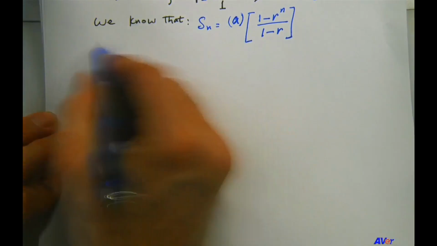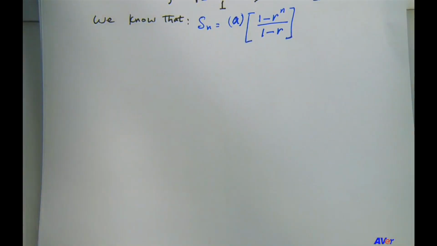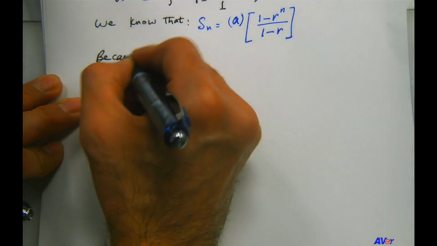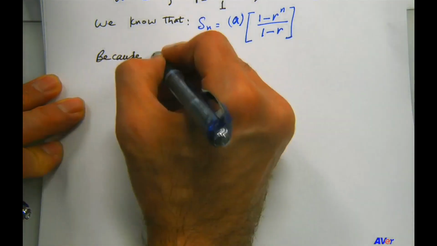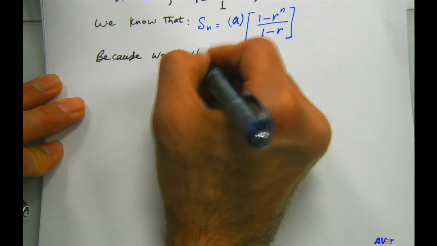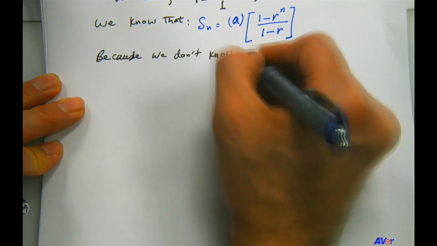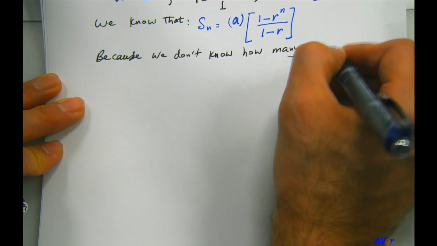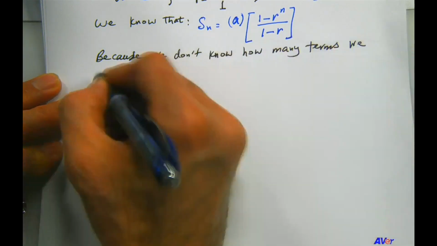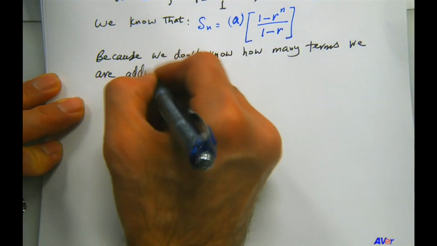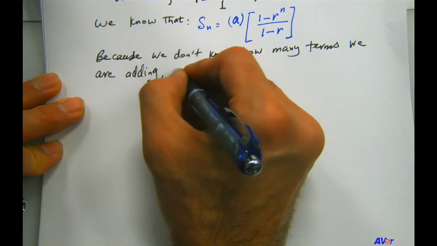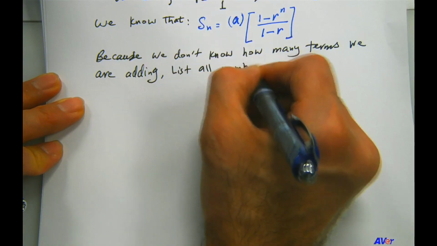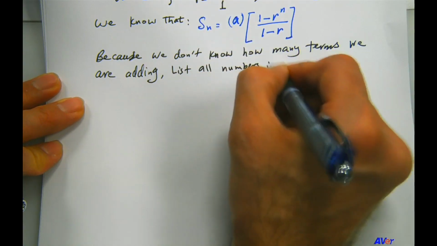So let me write that down. Because we don't know how many terms we are adding, list all numbers, including the missing ones.